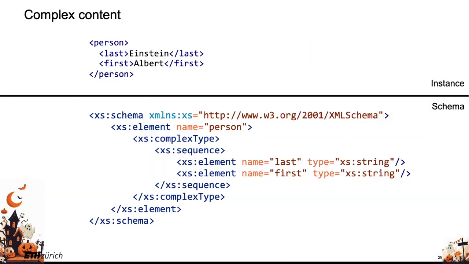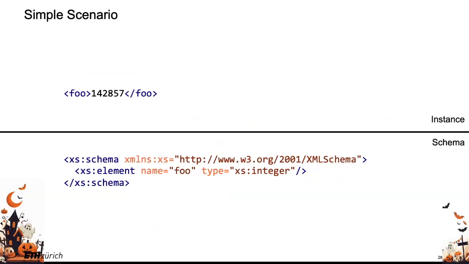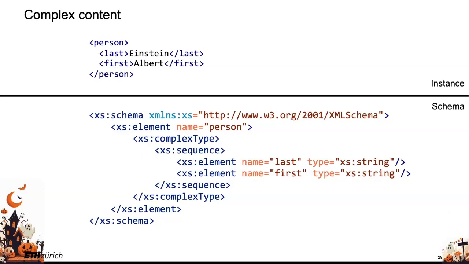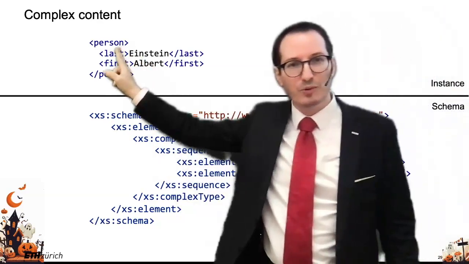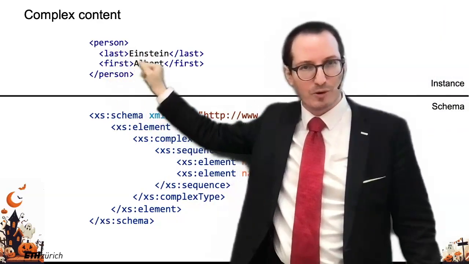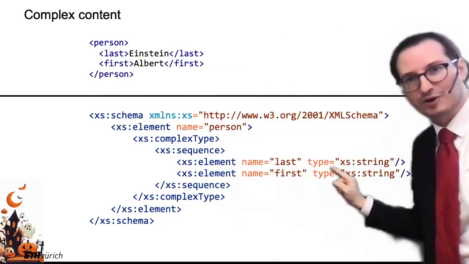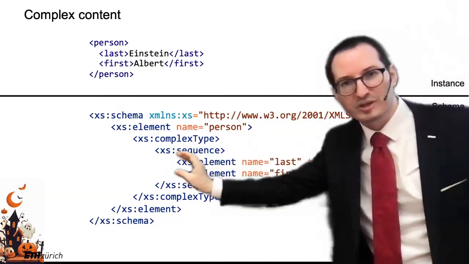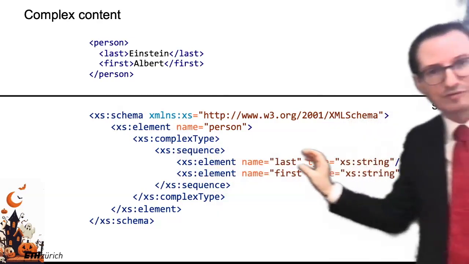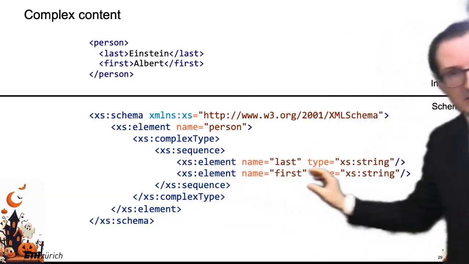How about complex structures? Because here we just saw an element with text inside. How about elements with nested elements? So here it's a little bit similar to JSON objects, but just that it's XML, meaning that here we have last and first, and we want strings. So what we say is we define them here, element last and first, type string. That resembles a bit the verbose syntax of JSON, right? I told you it's all static in there.